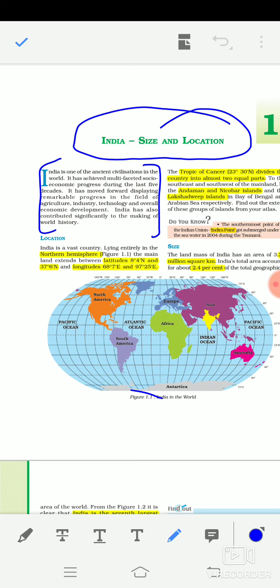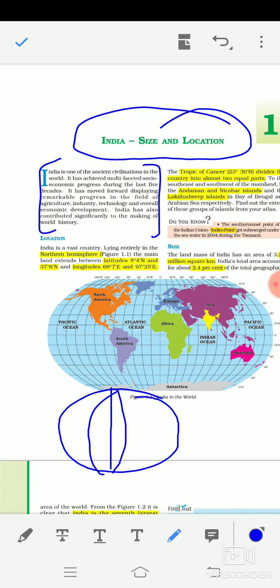Whenever you are seeing the globe, some lines are there which are coming from north to south. They are known as what? Longitudes.